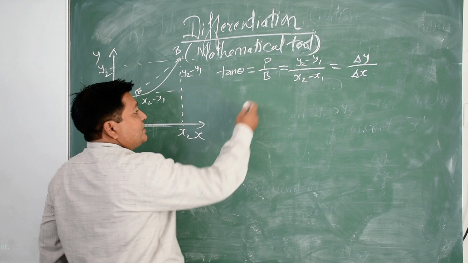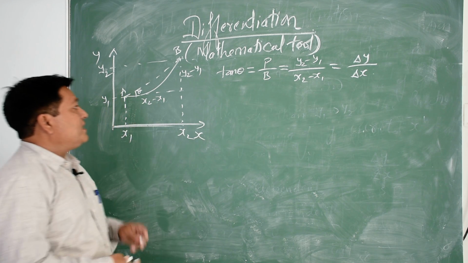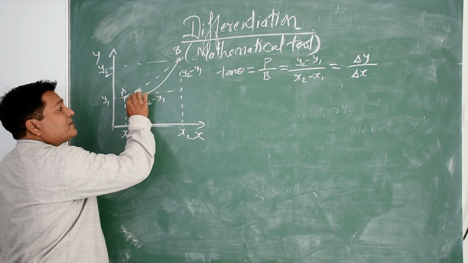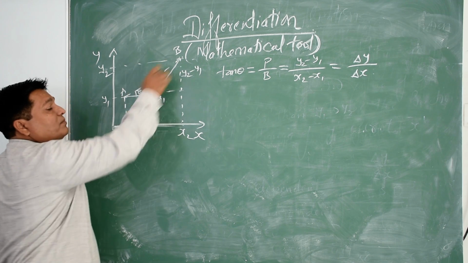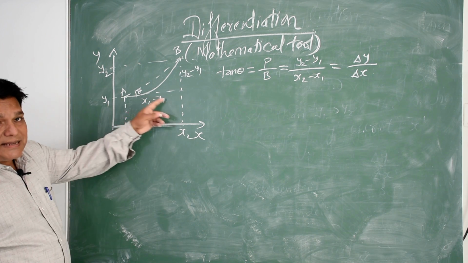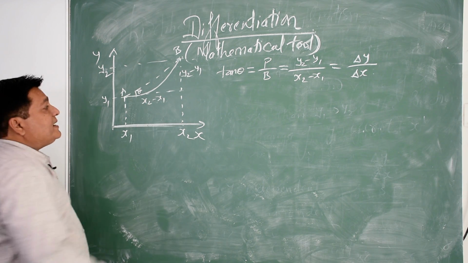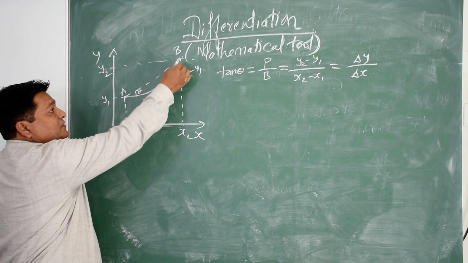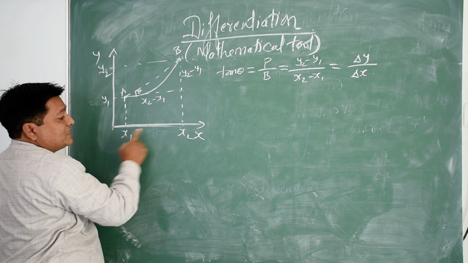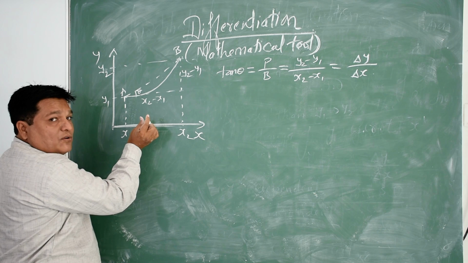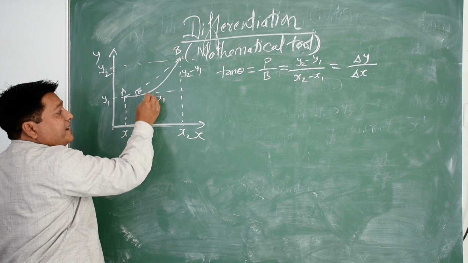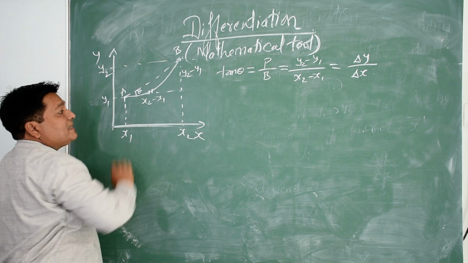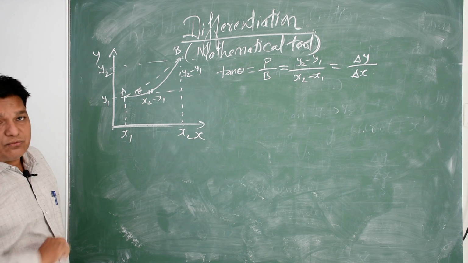There is a rate of change of y with respect to x, but here this is not the exact slope. We cannot get the exact value here. We get the exact value only if these two points A and B, that is x1 and x2, come very close to each other such that the difference is near about 0.